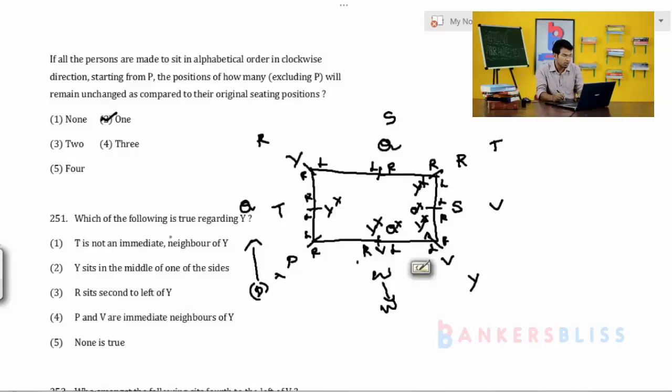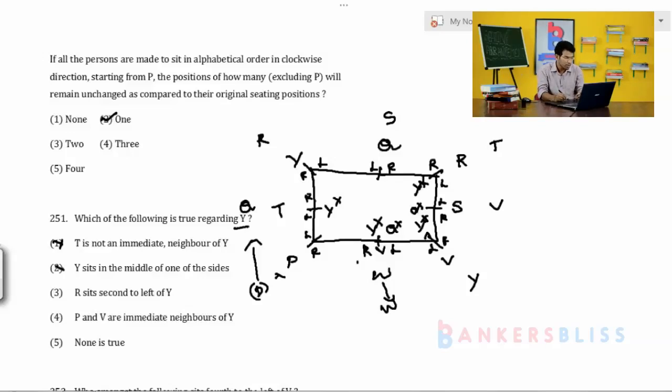Next, which of the following is true regarding Y? They are asking for the true statement regarding Y. Look at the first option: T is not an immediate neighbor of Y, but T is the neighbor of Y. Definitely this is false. Next one, Y sits in the middle of the side. It is also wrong, because Y is in the corner.